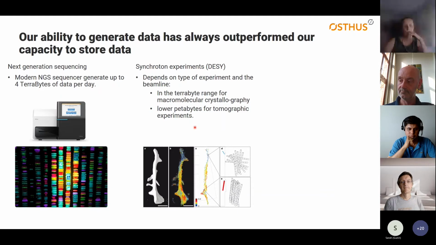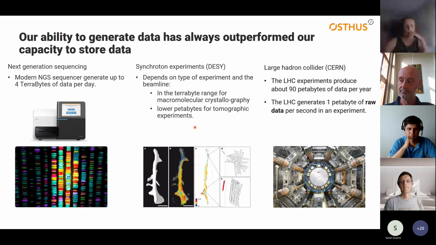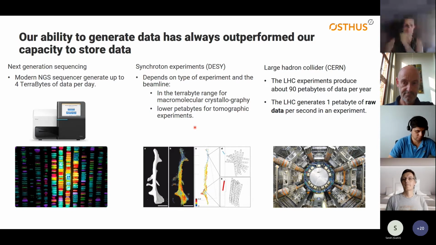And if we're going to the maximum that we could find, the LHC, Large Hadron Collider at CERN, produces around 90 petabytes of data per year. But when the experiment is running, it's 1 petabyte of raw data per second. Raw data, of course, means it's not yet processed. It's really what comes out of the devices. The threshold after which you don't call it raw data anymore is kind of arbitrary. So also take that number with a pinch of salt.